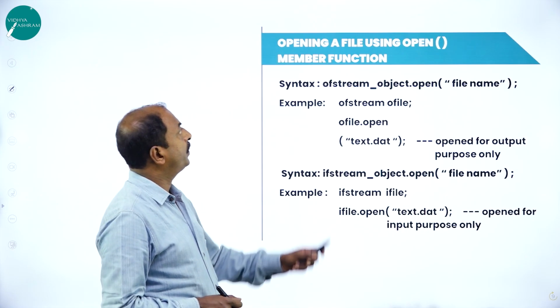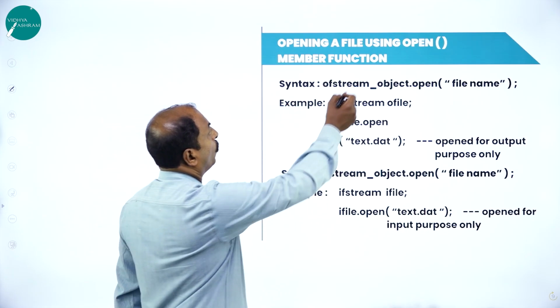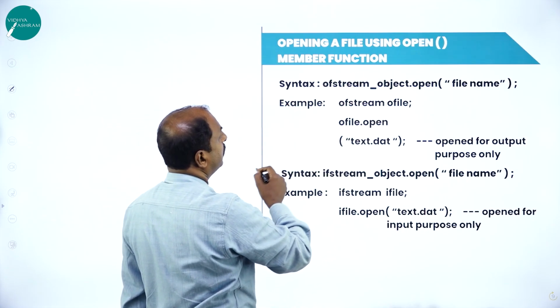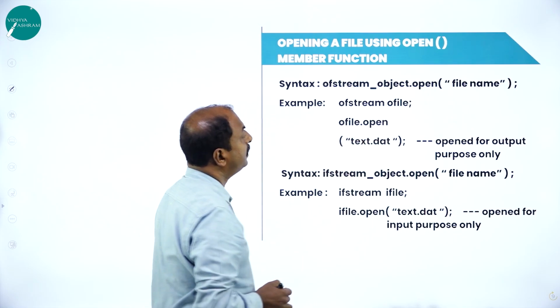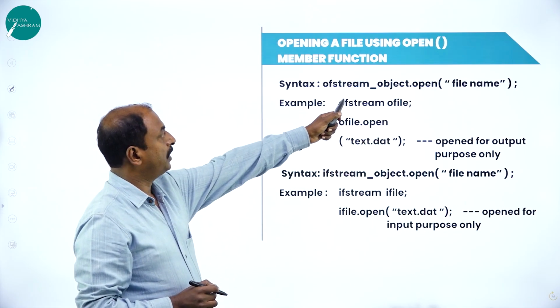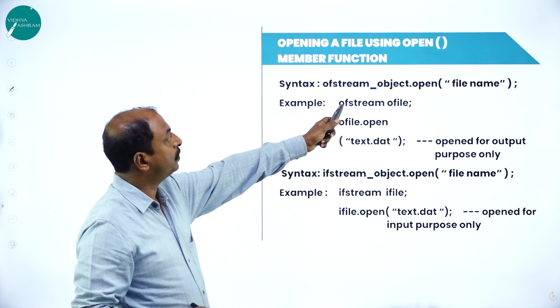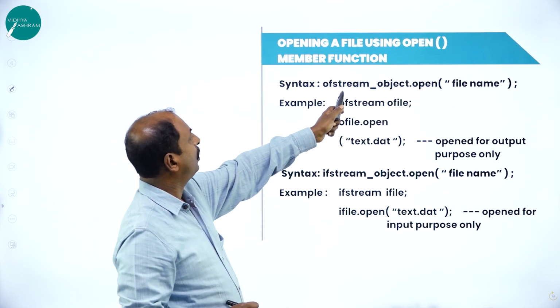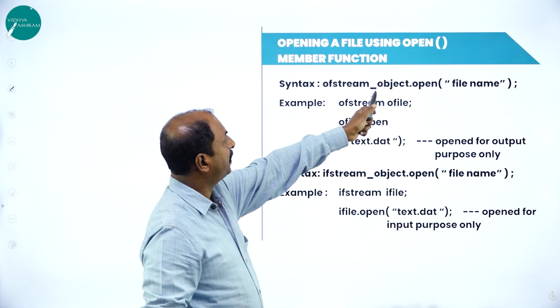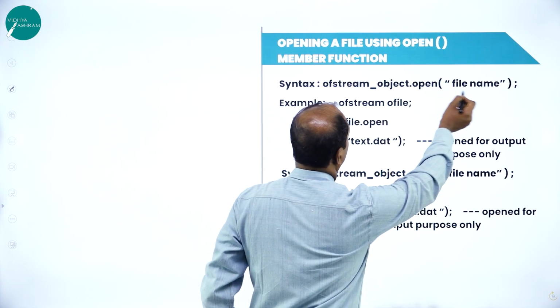Next, we open a file using the open function. Here ofstream is used for another method of opening a file, by using the open function. This is the syntax: ofstream object dot open, file name.